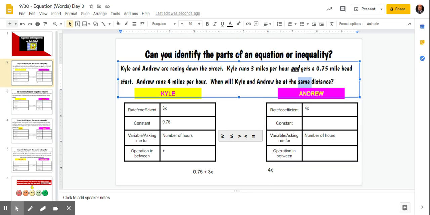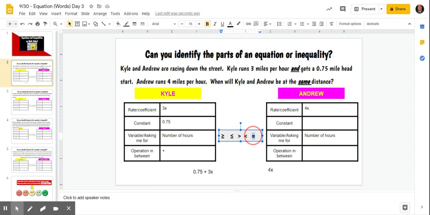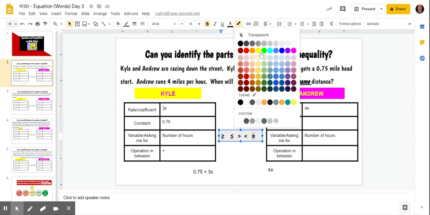And in here it says, when will Kyle and Andrew be at the same distance? So that word same, we've learned recently, means equation. It didn't say less than or greater than. It said same. So that's going to be an equation. All right. So I'm going to highlight that, and I'm going to make that yellow.